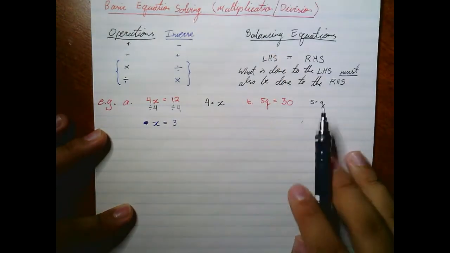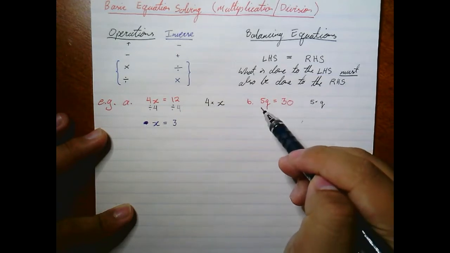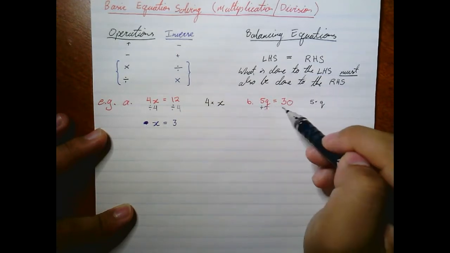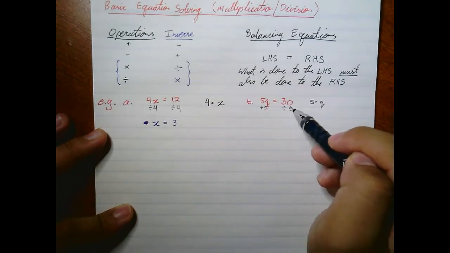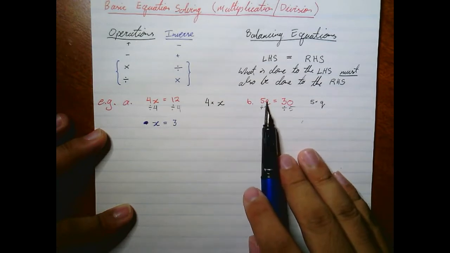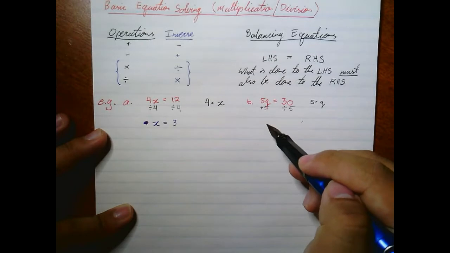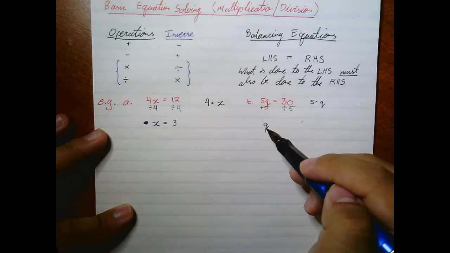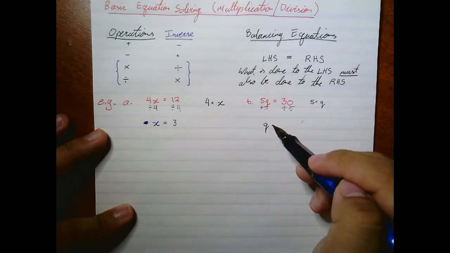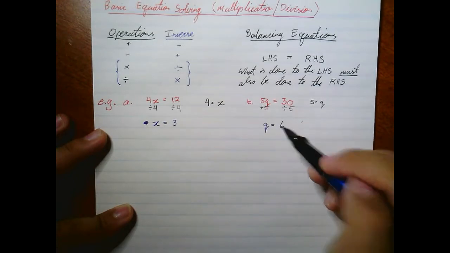Since that's times by 5, the inverse of this must be divide by 5. So we're dividing both left and right by 5. 5q divided by 5 is just 1q, but we just write it as q. 30 divided by 5 is 6.